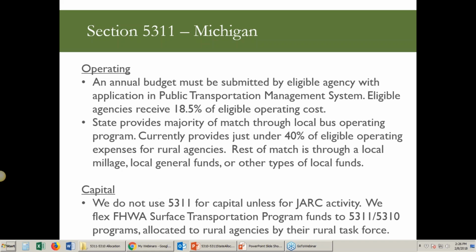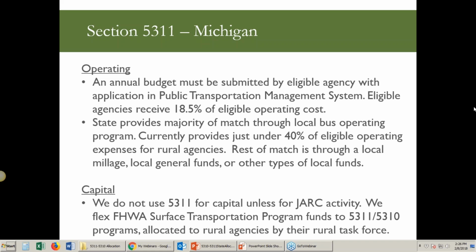In a lot of urban areas, their rural part is really expanding to do a lot of non-emergency medical, and that's driven statewide eligible expenses up a lot. The local match for that is the local bus operating that we provide for rural agencies. That covers about 40% of their eligible expenses right now.